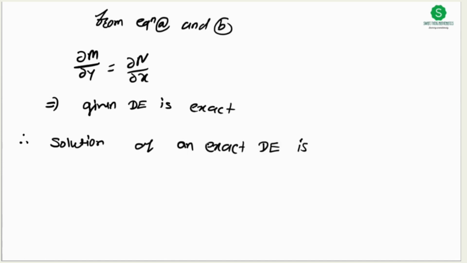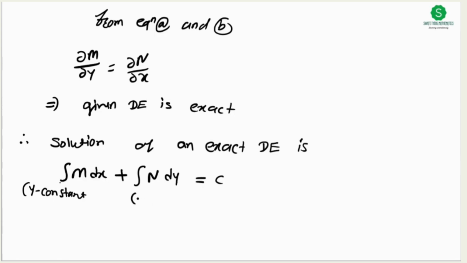is, and it is a general solution, integration of m dx plus integration of n dy equals c, that is the integrating constant, and here in m we have to take y constant, and in n we have to take the term not containing x.